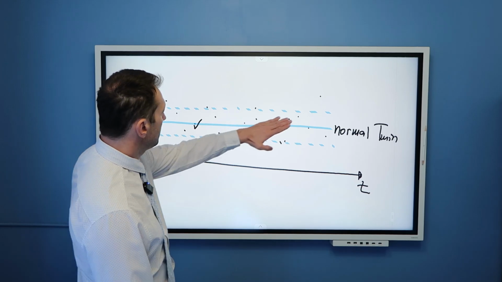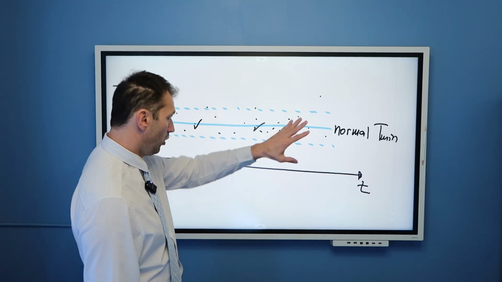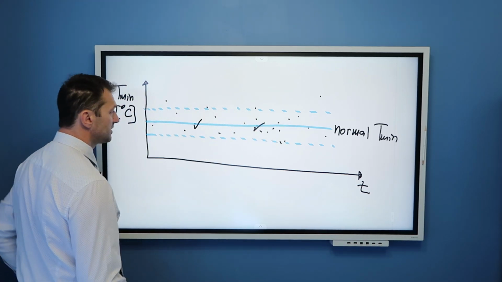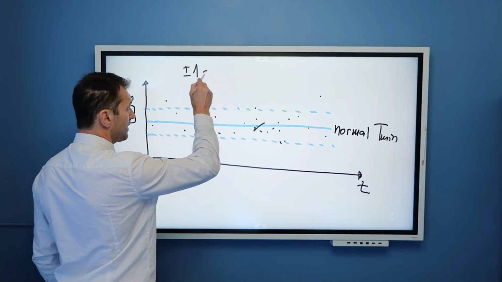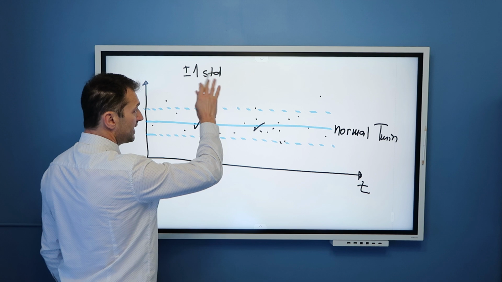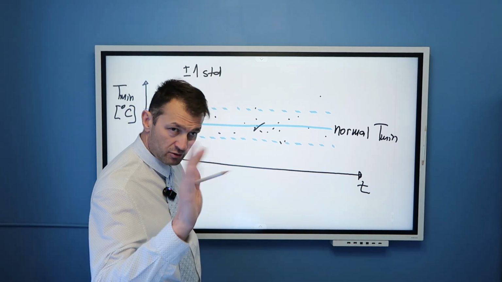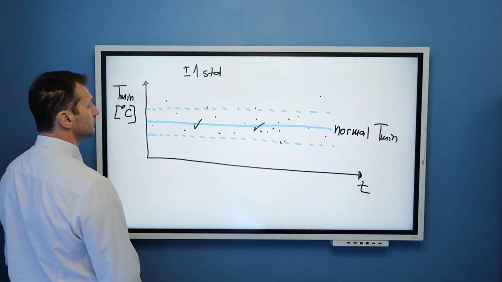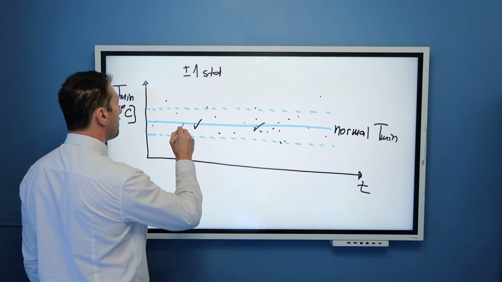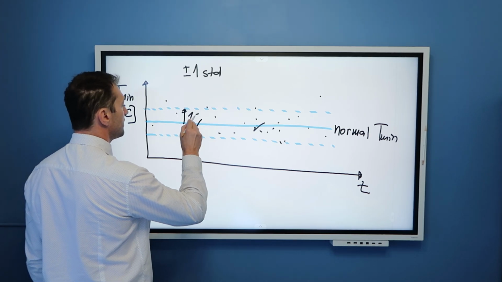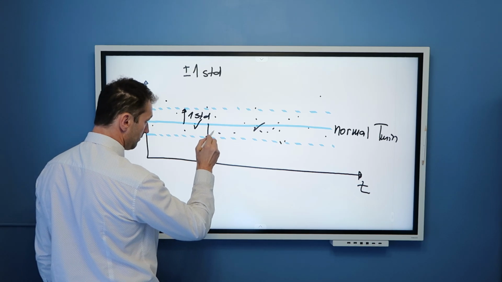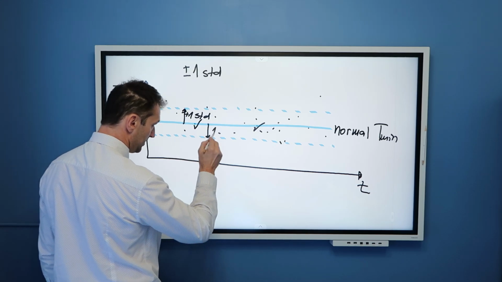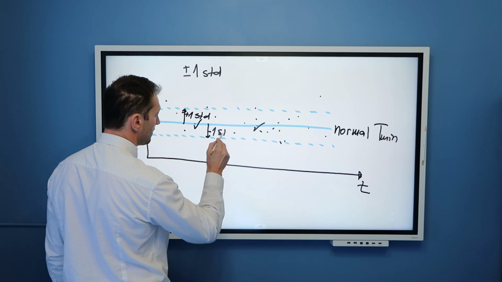Now you can see that most, not all, but most data points are within plus minus 1 STD. And here STD is standard deviation, not something else. So this is mean plus 1 standard deviation, and this is mean minus 1 standard deviation.